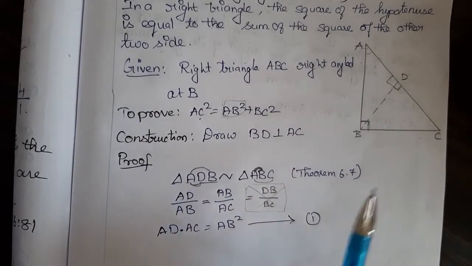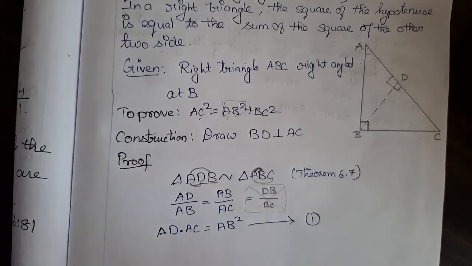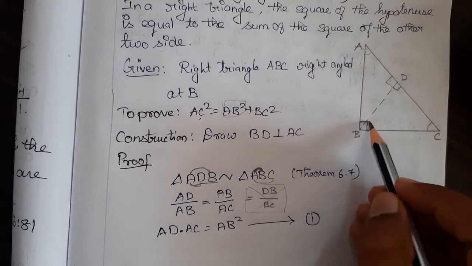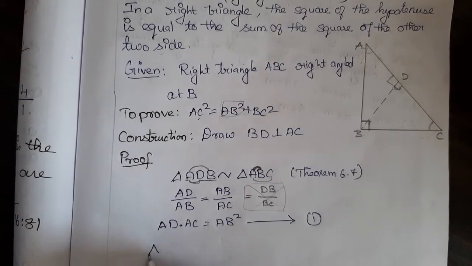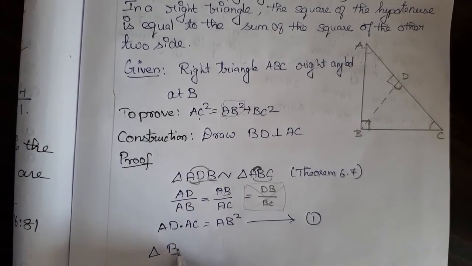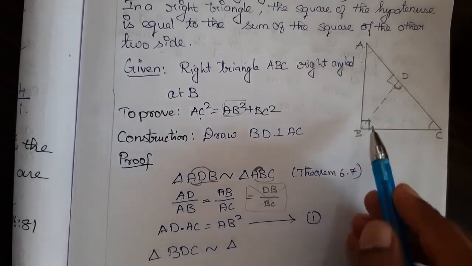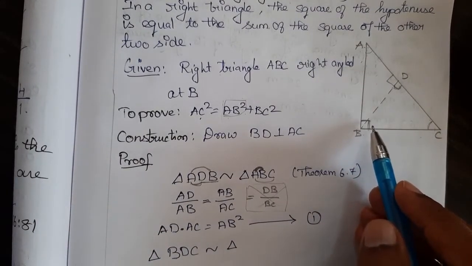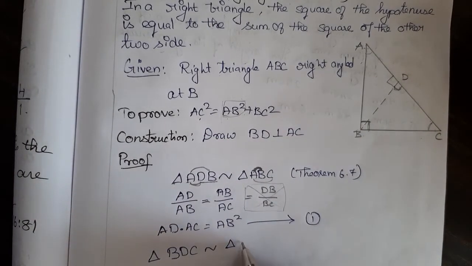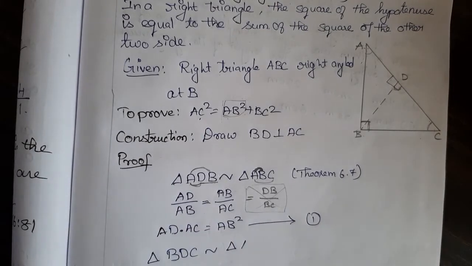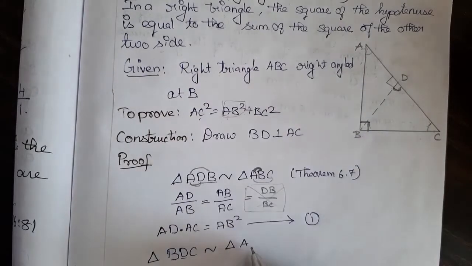The same way now we will compare this small triangle and this big triangle. So here the vertex C is common, and B is corresponding to D, right? Therefore triangle BDC is similar to triangle ABC, where B is 90 degrees, and A and D are corresponding, this D is corresponding to this angle.